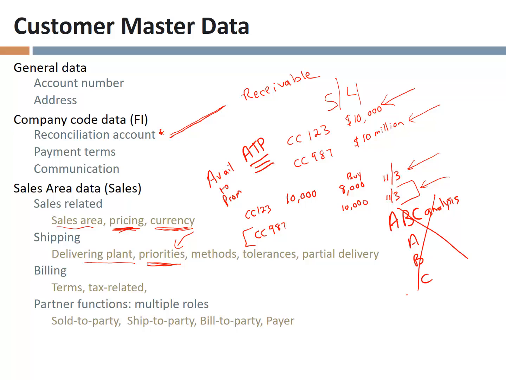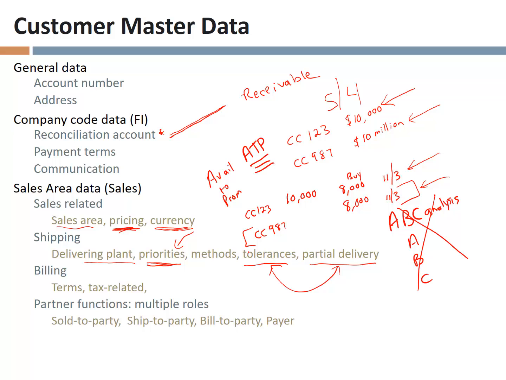Shipping as well, we're looking at things related to tolerances and partial deliveries. Remember, on the buying side, we could create tolerances for under delivery and over delivery, and we also could create rules as to whether or not we accept partial deliveries. In this case I don't have any partial deliveries, but let's assume, if we go back to this scenario, that both of them wanted 8,000 boxes.